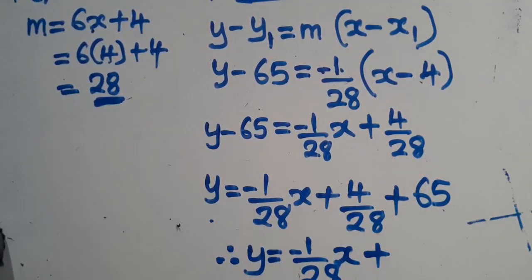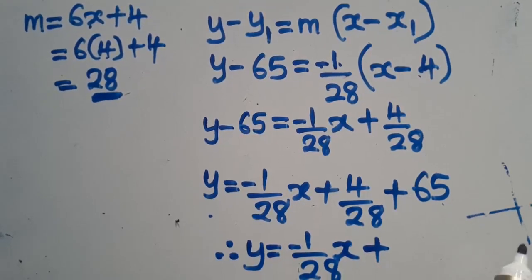So the answer will be like this. Let me write it in decimal points. This is also correct. You say 4 divided by 28 plus 65. This is the answer that I'm getting, but you can find it even in fraction form.